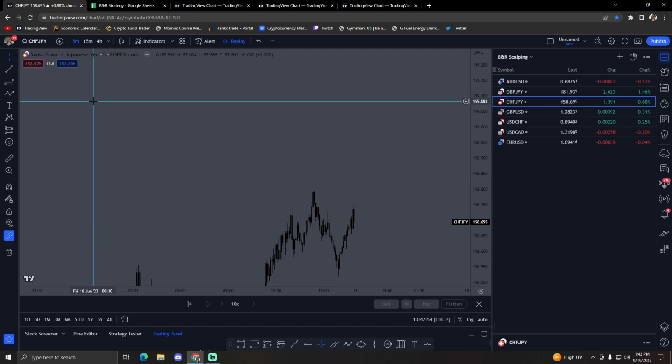I mainly trade the London session. London and New York session I trade. So I only trade from 3 a.m. to like 11 a.m., but I don't sit at the charts the whole entire time. I'm waiting for a setup. Every now and then I'll come onto the charts and see if there's a setup. If there's a setup, I'll take it. If not, then I'll just go and do other stuff.